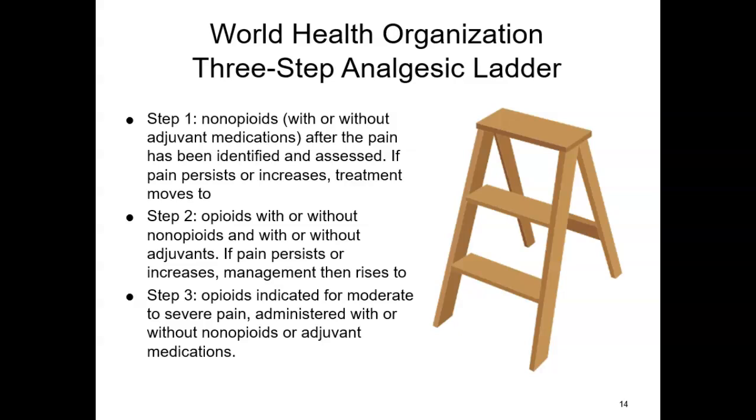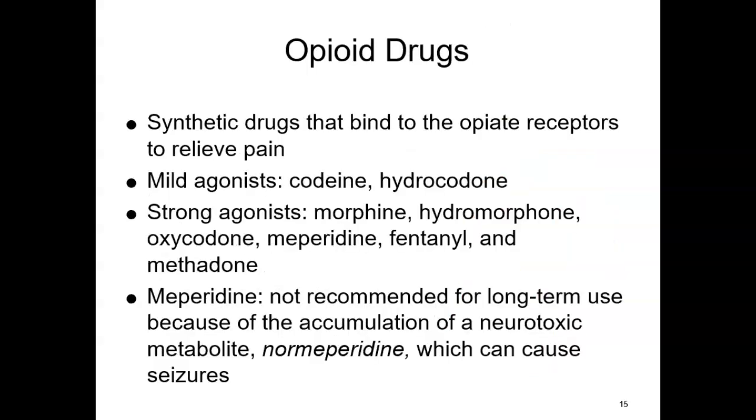So let's take a look at what are opioid drugs, right? So opioids are synthetic drugs. They bind to the opioid or opiate receptors. Some of the milder ones are codeine and hydrocodone. Strong ones, which is probably what we use the most in acute care, would be morphine, hydromorphone, or that's Dilaudid, oxycodone.